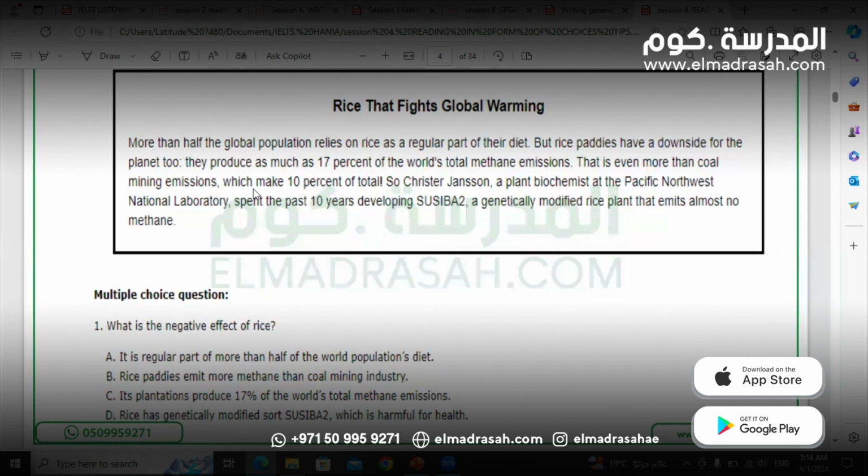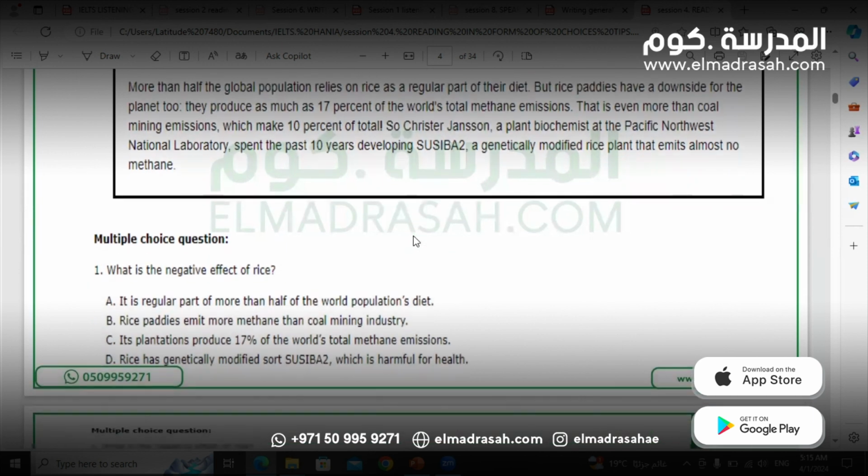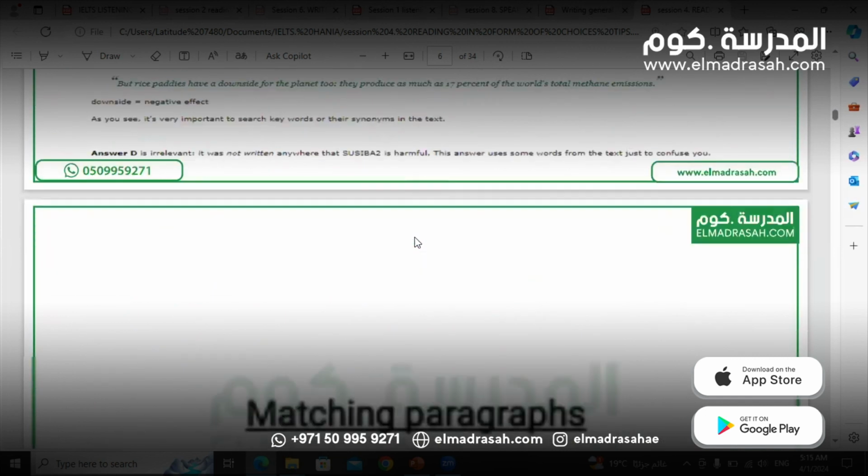So the negative effect of rice, for example, is that they produce as much as 17% of the world's total methane emissions. So this is the negative effect, so this is the answer. And how do I know this? From the synonym of the phrase negative effect, which is the word downsides. Okay, so this is the third technique.